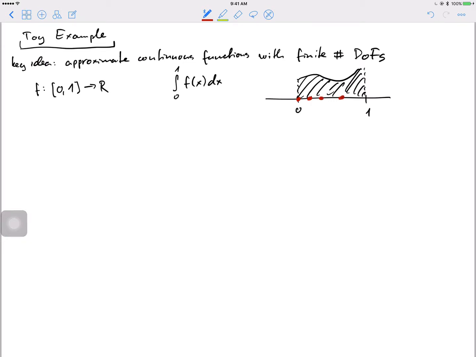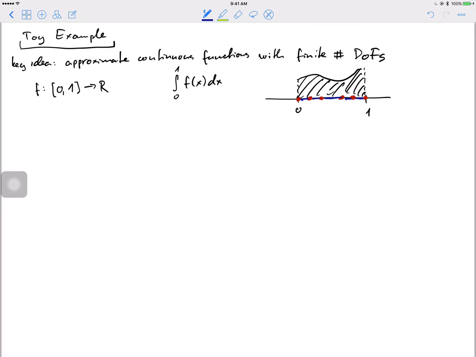They don't have to be equally distributed, so we create these nodes. And that's very similar to what you do with a mesh in multiple dimensions. What is important are these little pieces here, because those are the finite elements, essentially.